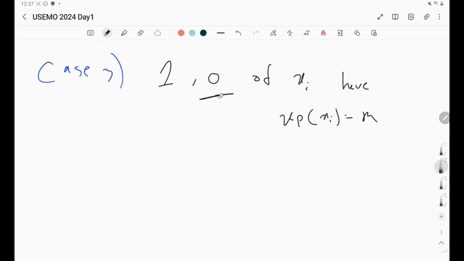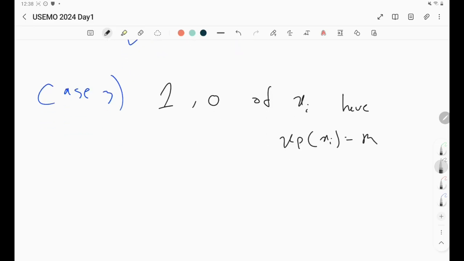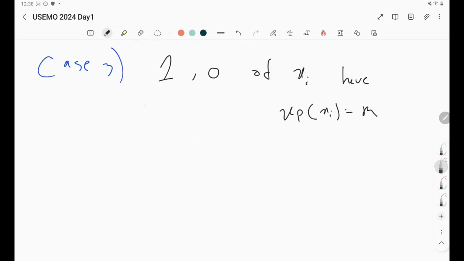If we have 0 of them or 1 of them, both of these we haven't discussed yet. So let's have a look. If we know that 1 or 0, then what do we know? We know that the other y's have the VP as m. So in this case we have 3 y's that have their VP as m, and in this case we have 4 of them that have their VP as m.